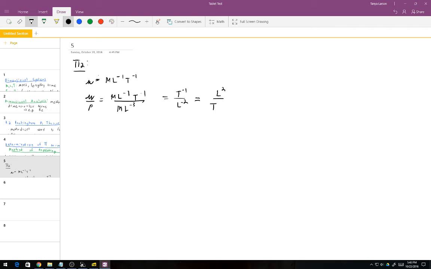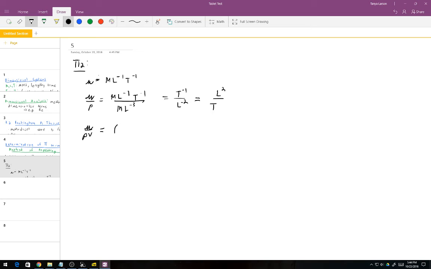Next, I have L squared over T, and what might I do? Well, let's experiment with this and say, what happens if I throw a V in there? What if I divide by V? So mu over rho V. Now, what I'm showing you right now in this lecture is more of a trial and error method.